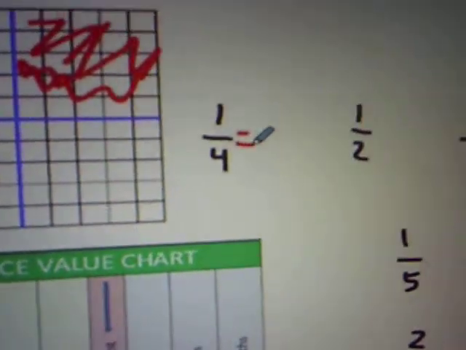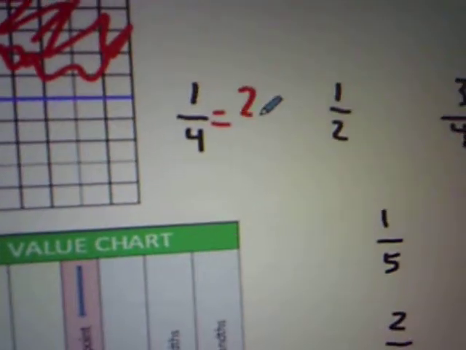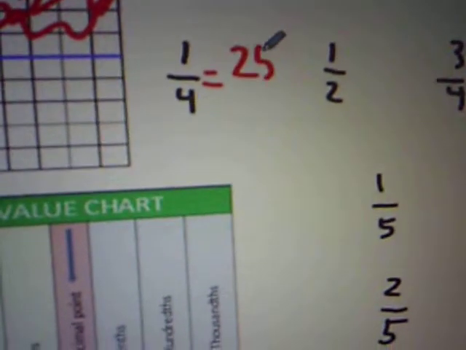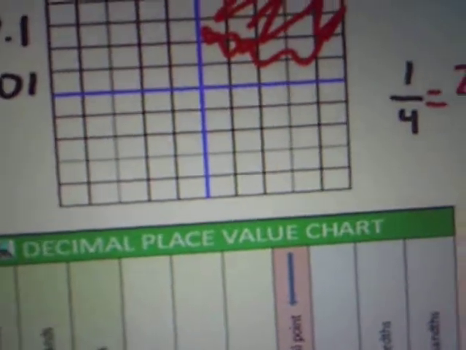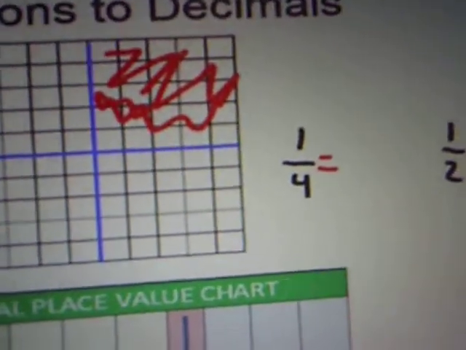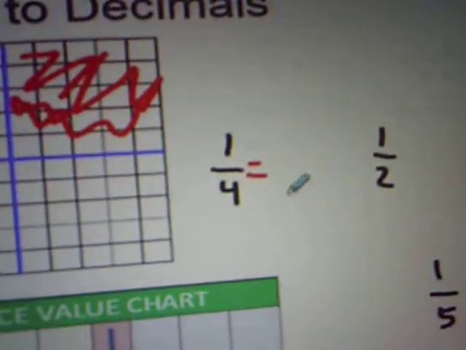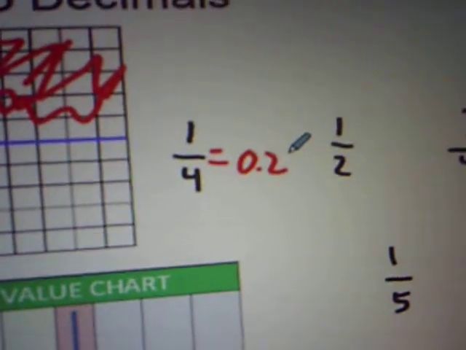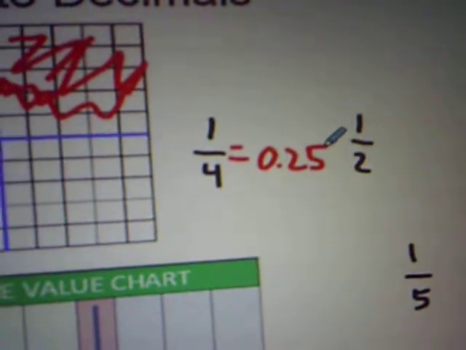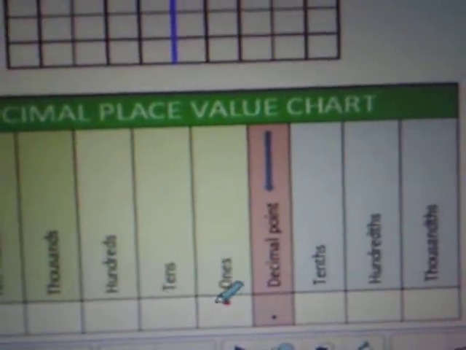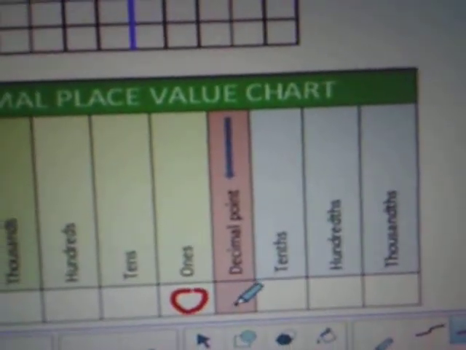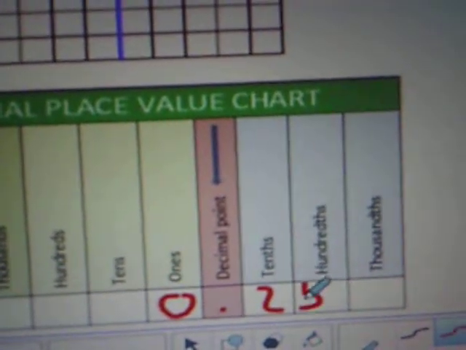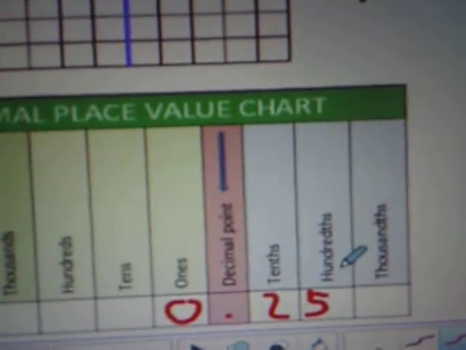We can write 25 hundredths like this: 0.25. And in our place value chart, 0.25. 25 hundredths.